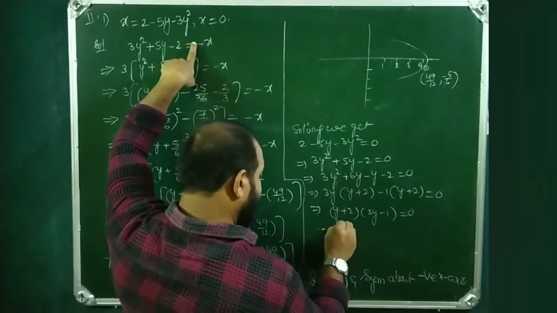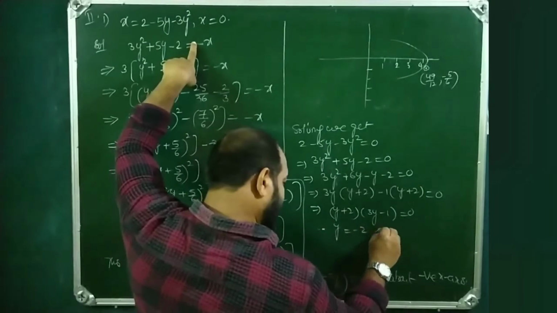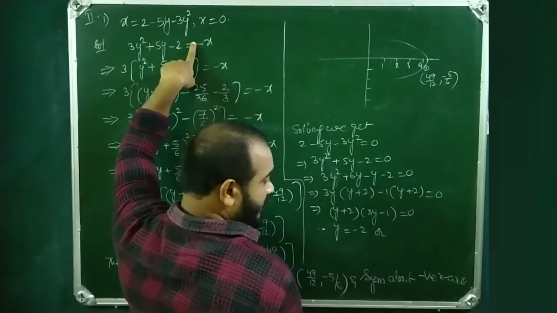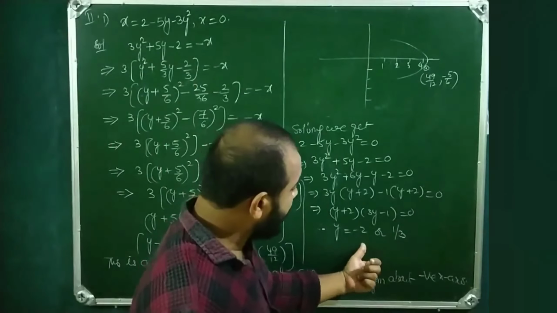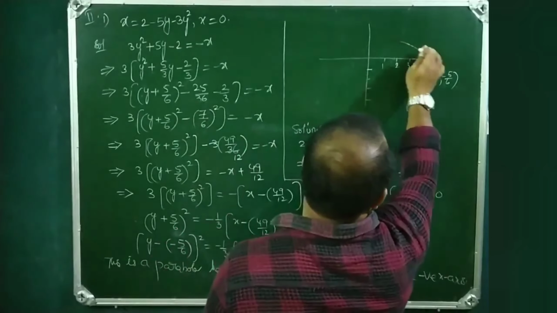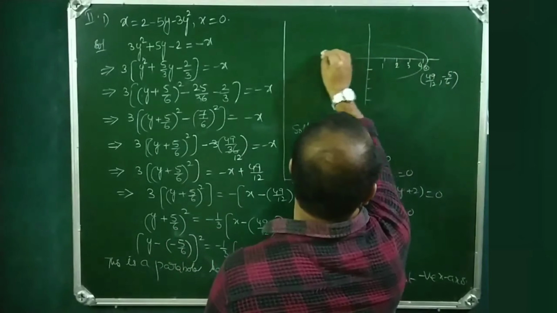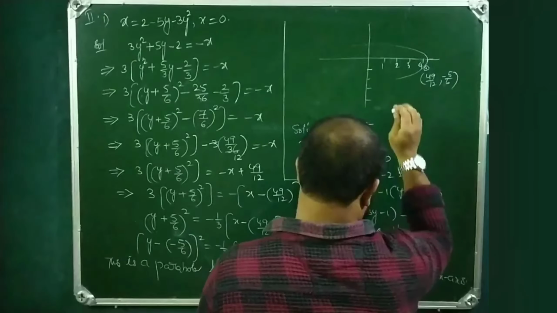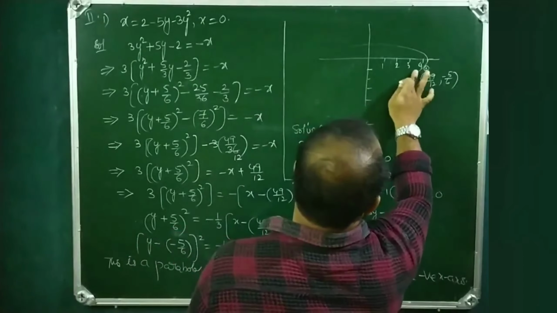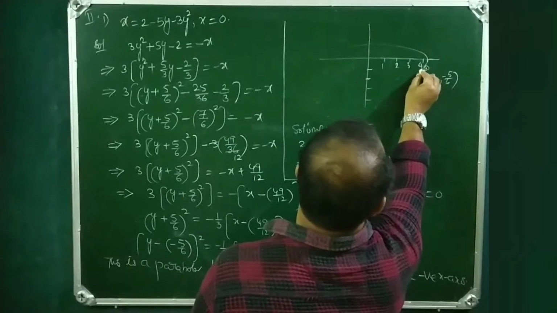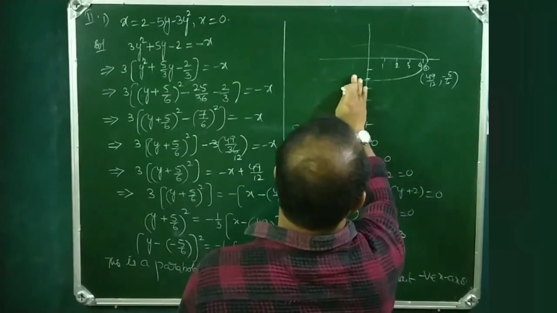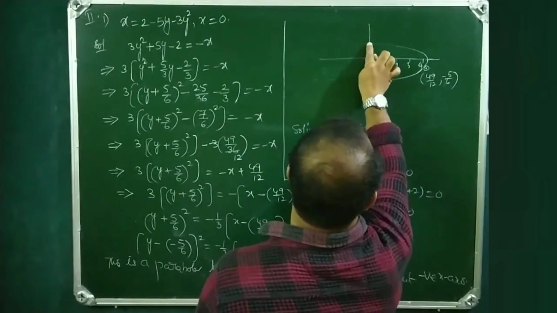Therefore, y equals minus 2, and 3y minus 1 equals 0, so y equals 1 by 3. Therefore, it cuts at minus 2 and 1 by 3. So 1 by 3 is somewhere here and minus 2 is here. This is the area of the region.